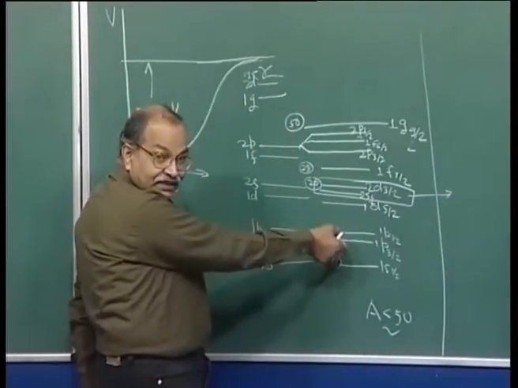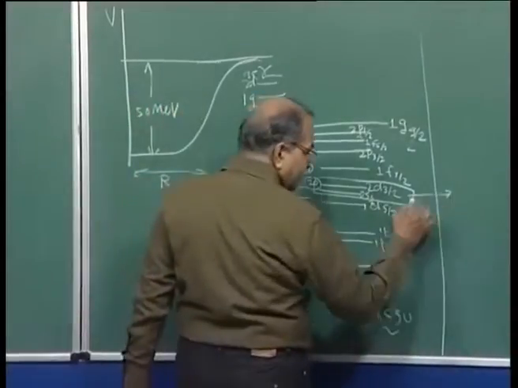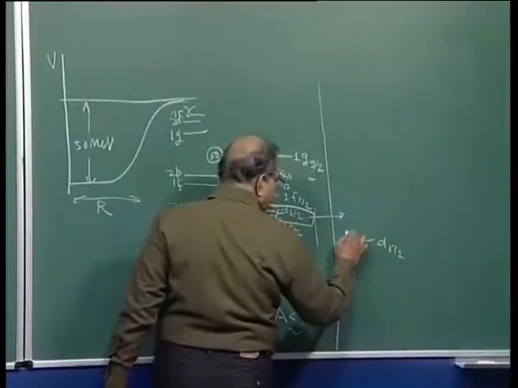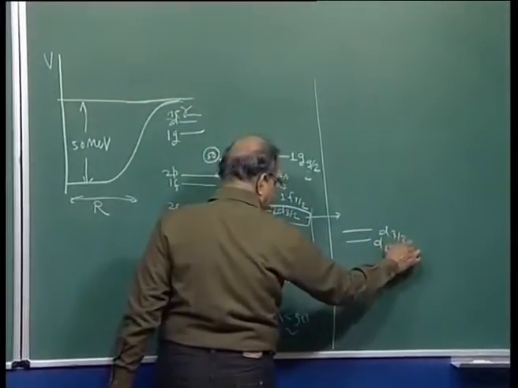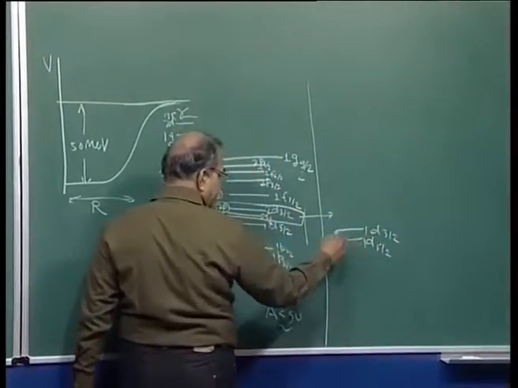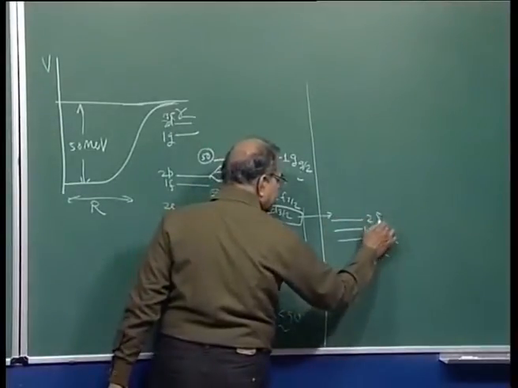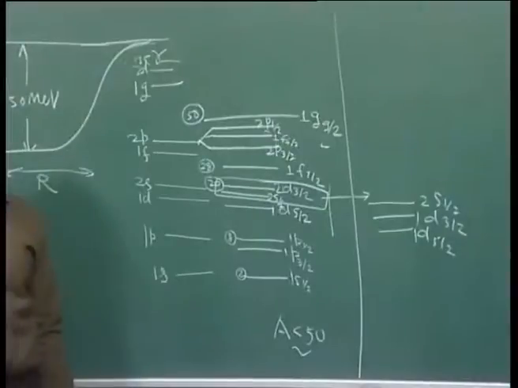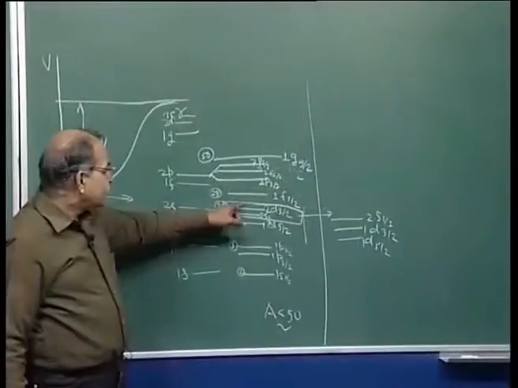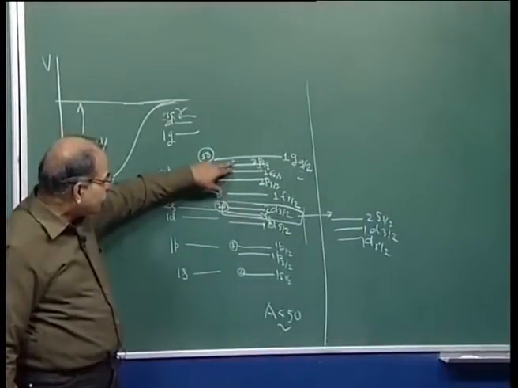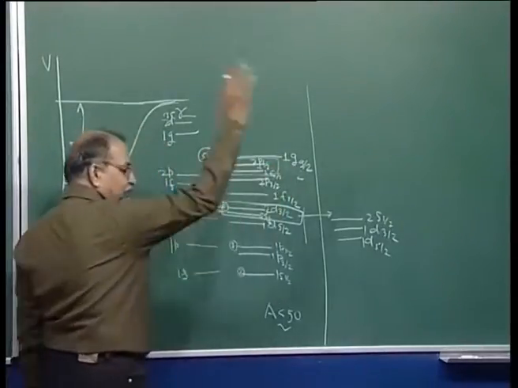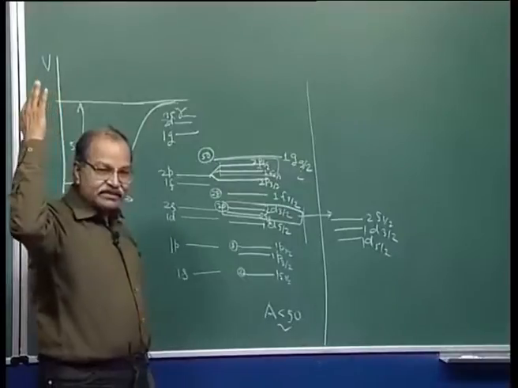The separations can change, but the order will remain the same, but this portion will become d 5 by 2 and then d 3 by 2, 1d and then 2s half here. So this order can change. Similarly here this order can change, somewhere A greater than 60, 70 and so on.